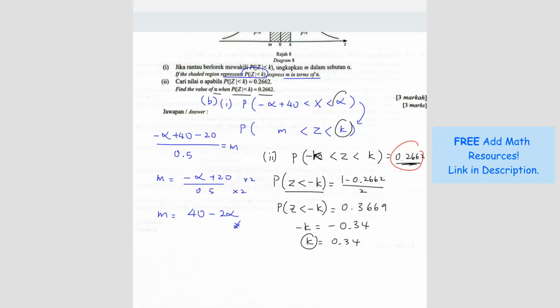We have to take alpha minus the mean, divided by standard deviation, right? That's how we change it to standard normal distribution. Since the question is asking for alpha, I'm going to do alpha minus the mean, which is 20, divided by standard deviation equals 0.34. Oh wait, standard deviation is 0.5.